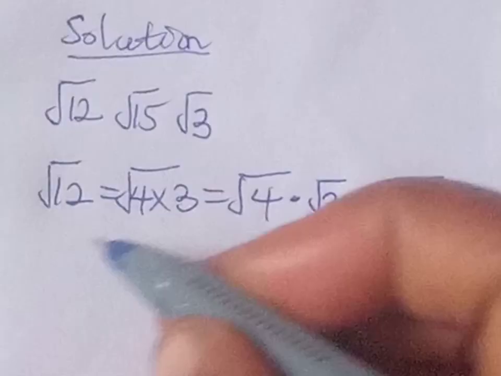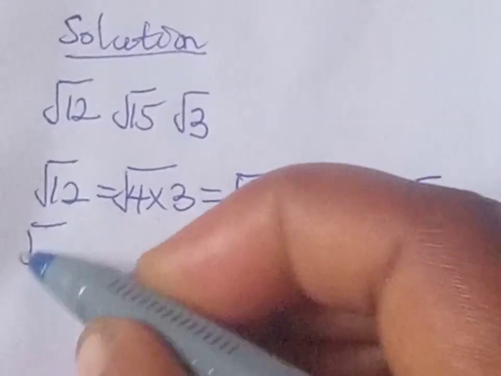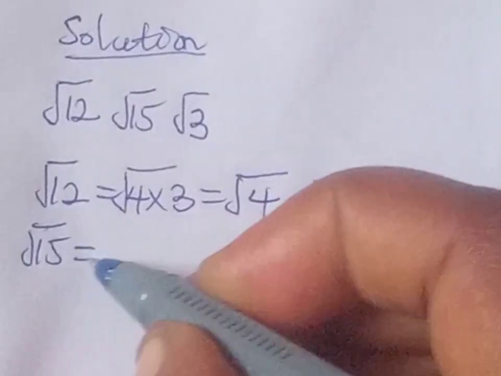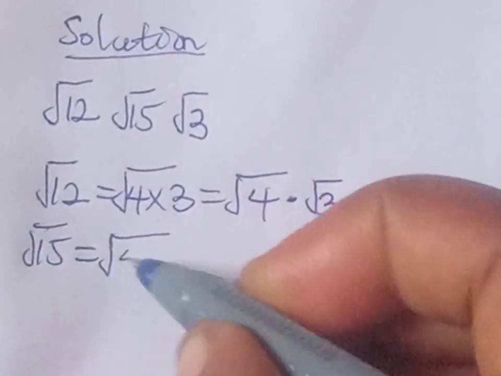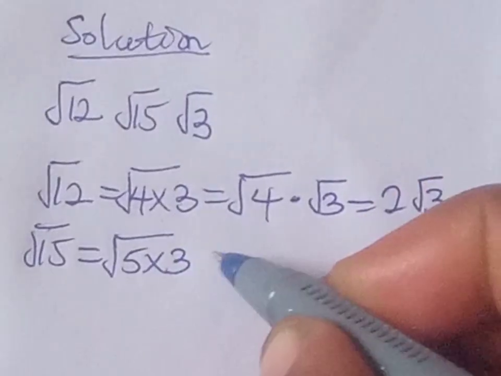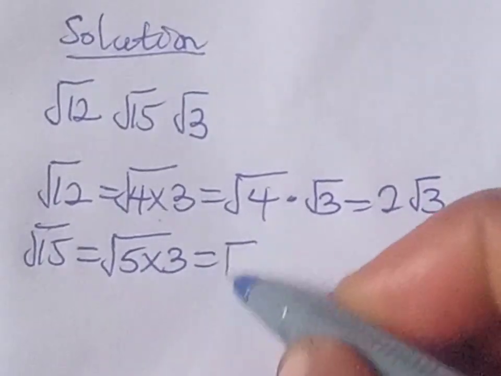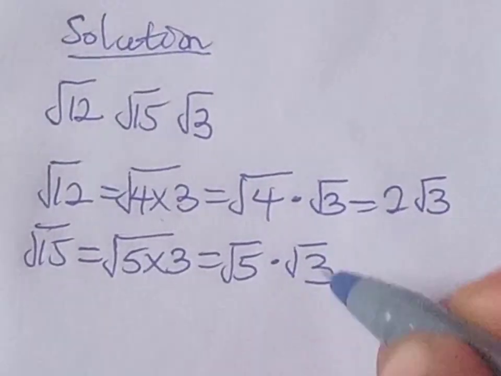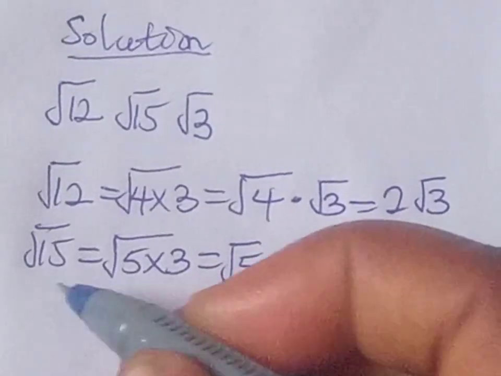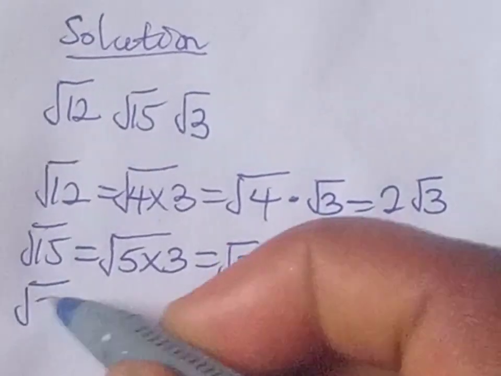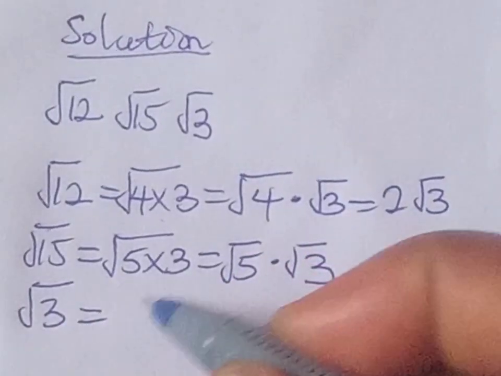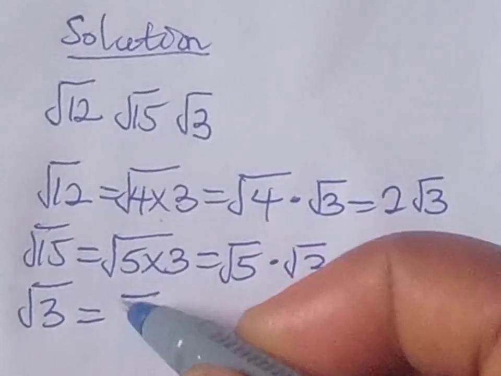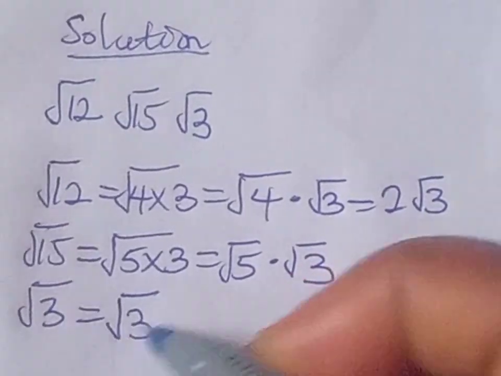And in the denominator, we have square root of 15, which is equal to square root of 5 times 3, which will give us square root of 5 multiplied by square root of 3. And finally, in the denominator, we have square root of 3, which is equal to 3 times 1. So we still have that as square root of 3.